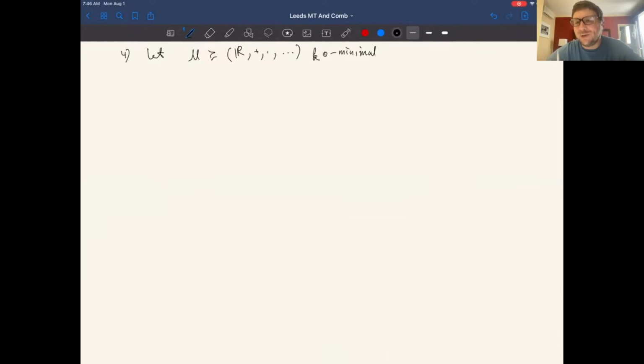So take your favorite o-minimal expansion of the field of reals, and then you can take an elementary extension. Then we can use the Lebesgue measure to define a natural Keisler measure associated to it. So let lambda be the Lebesgue measure on the interval [0,1], in the standard reals.